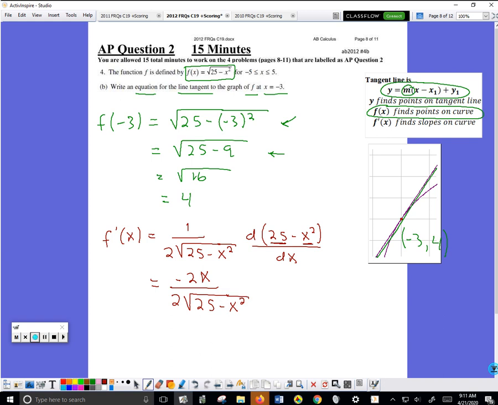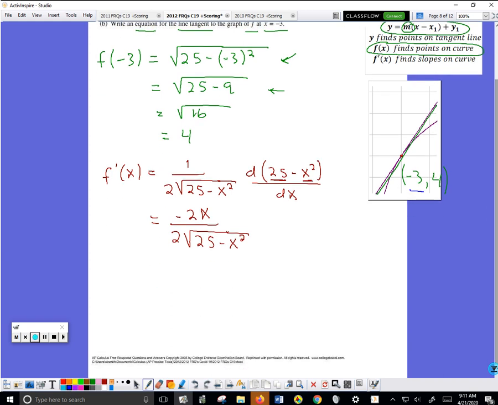I'm trying to find f prime of x equal -3. So write on my paper, f prime of -3 is equal, these 2's can divide out, so negative, replace the x with parentheses, and -3.